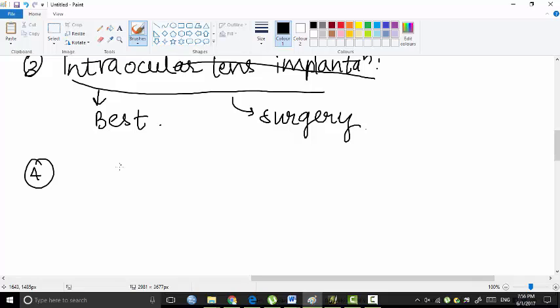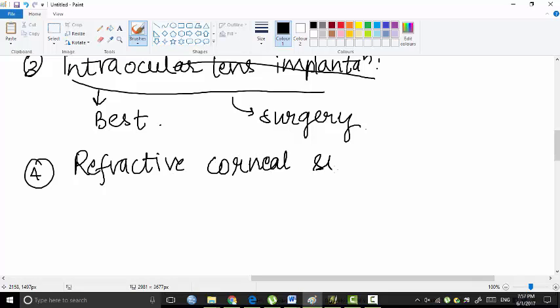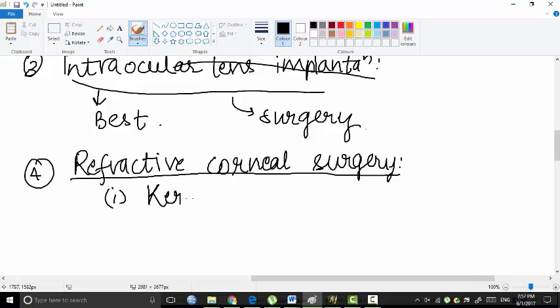And the fourth one is refractive corneal surgery. What do refractive corneal surgeries include? In refractive corneal surgery, one is keratophakia. What does keratophakia mean?